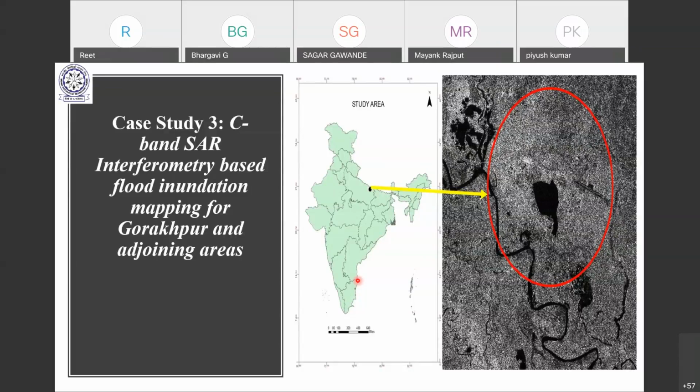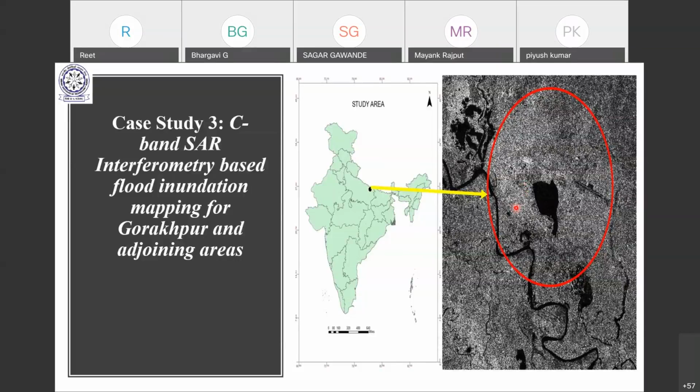You can see here in the image that the river and the lake are appearing darker, and the surrounding areas are some whitish and some gray.